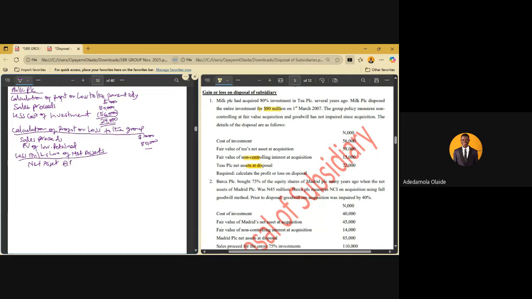Net assets at date of disposal. It gave us the net assets as 72,000.